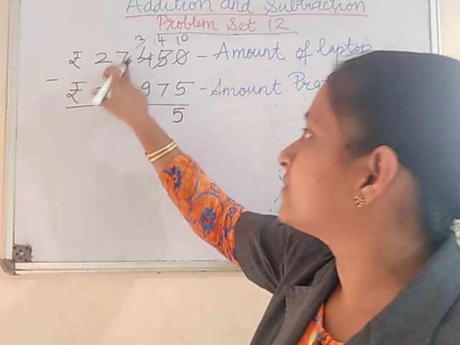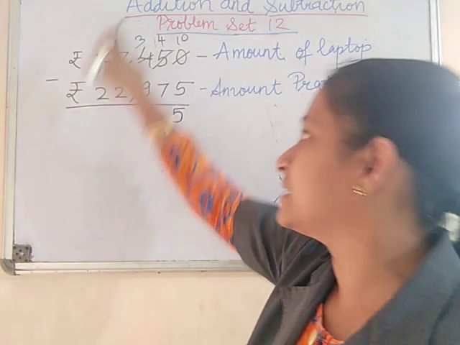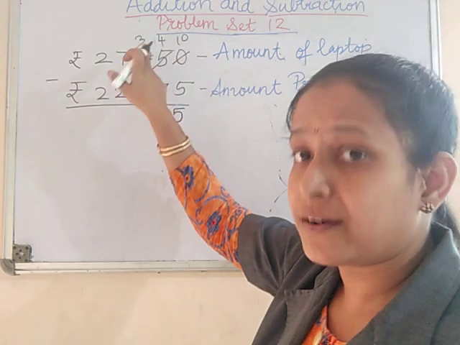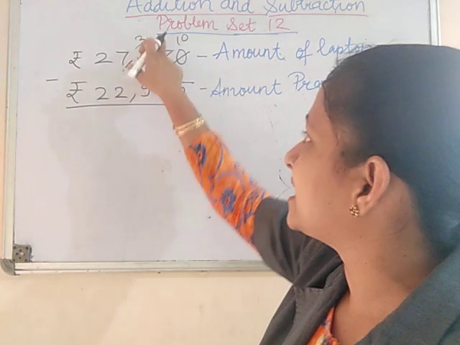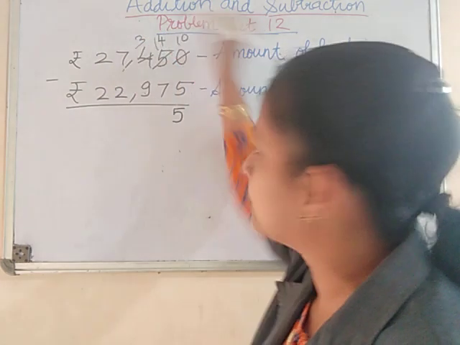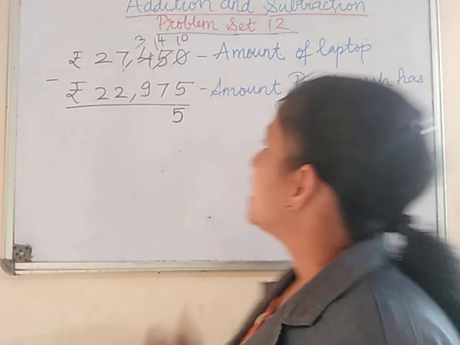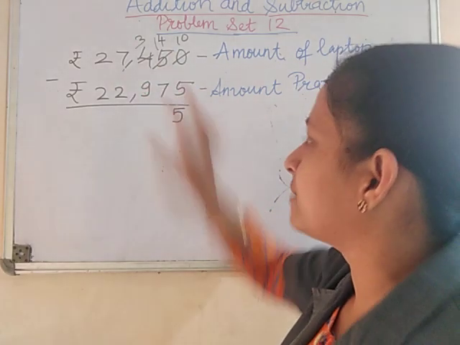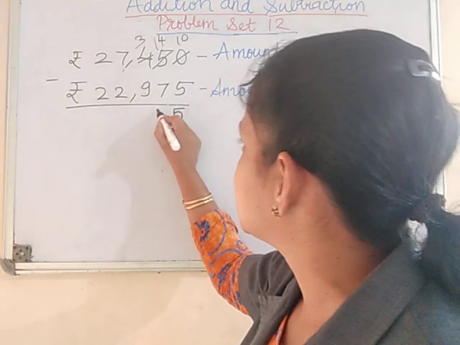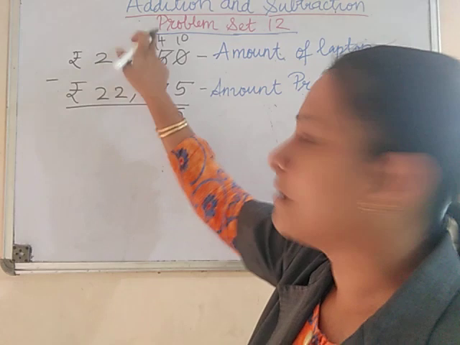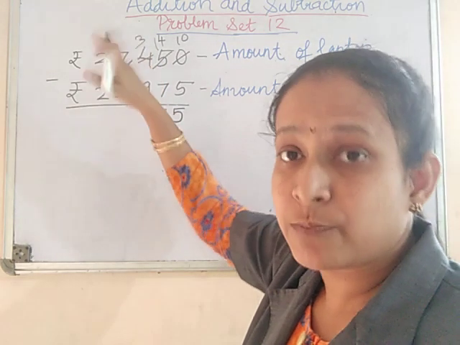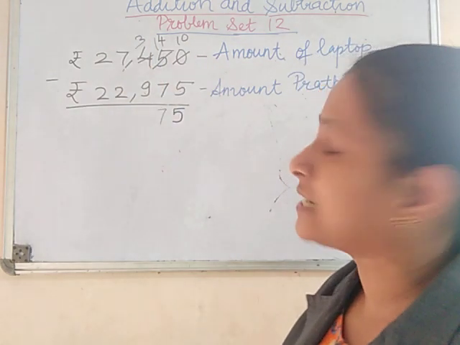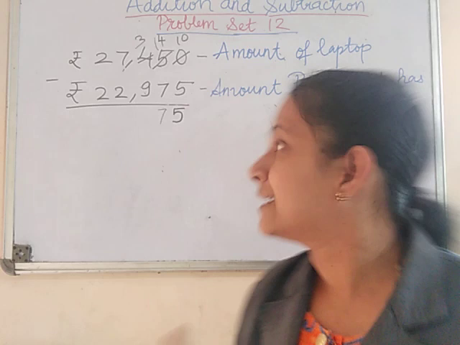So remember, whenever we are borrowing, it is their place value we are borrowing, but while writing, we write it in this manner. It becomes easy. Now here we have 14, and 14 minus 7 is nothing but 7. So I will just say I will borrow 1 from here, so that you understand it is the place value we are taking.